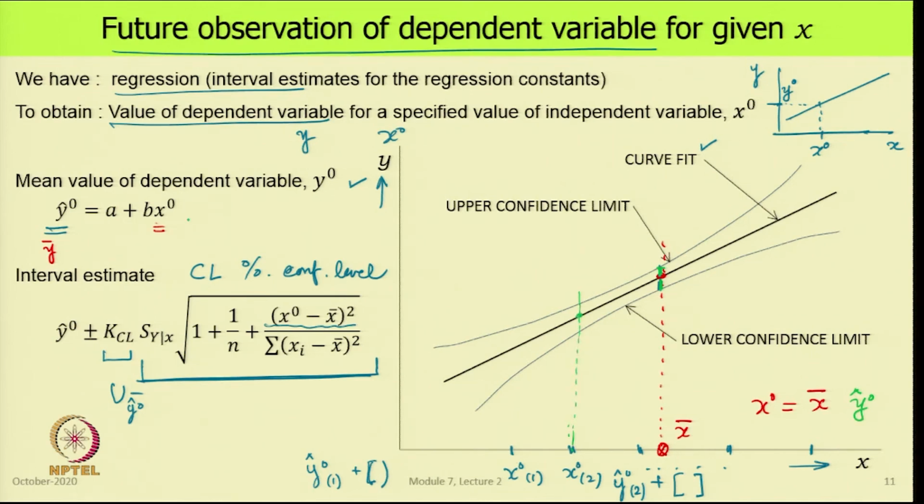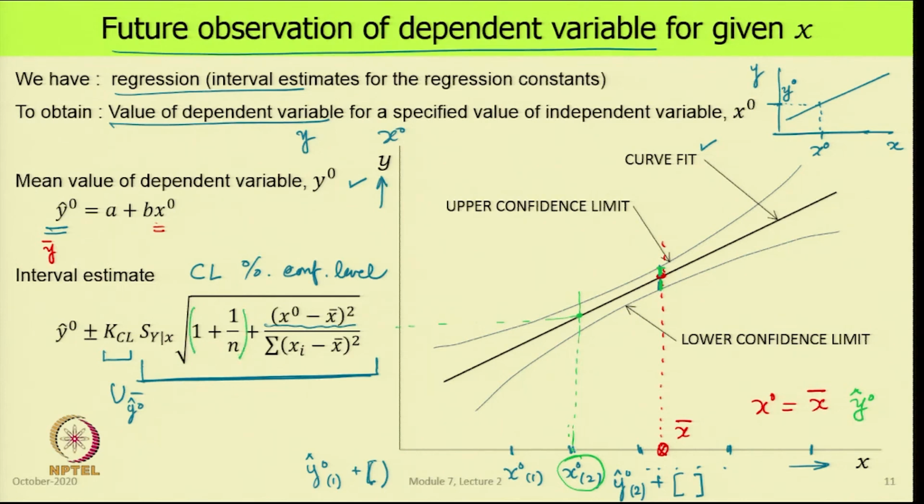The mean value comes from the regression. So, that is straightforward, we substitute this value in the a plus b x relation and we get the value of the predicted y value, which is this value. Then we say, what is the uncertainty here? Now, we go back to this expression and what we find is that x 0 minus x bar is no longer 0, it is finite, and because it is squared, it becomes a positive number which adds up to the first two terms.